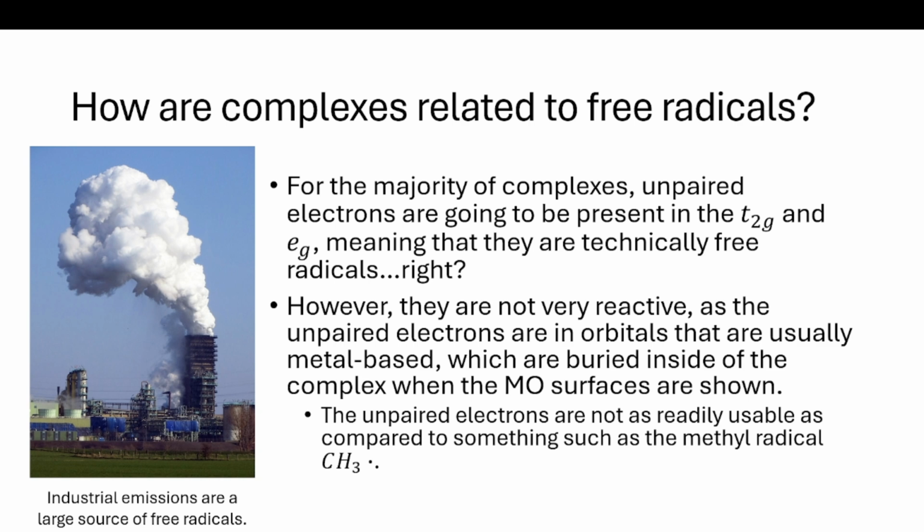That's because the unpaired electrons are in metal-based orbitals, such as t2g, eg, etc. And those specific orbitals are going to be buried inside of the complex, which means that they're not going to be as readily accessible and available.